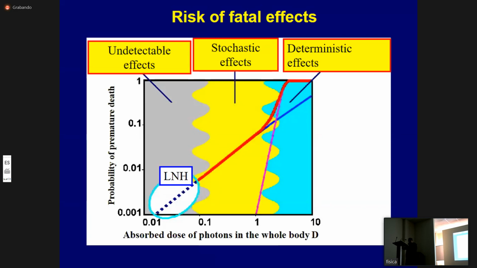The probability of developing stochastic effects, on this slide the blue curve, and deterministic effects, shown by the thin red curve, of radiation increases with increasing dose.